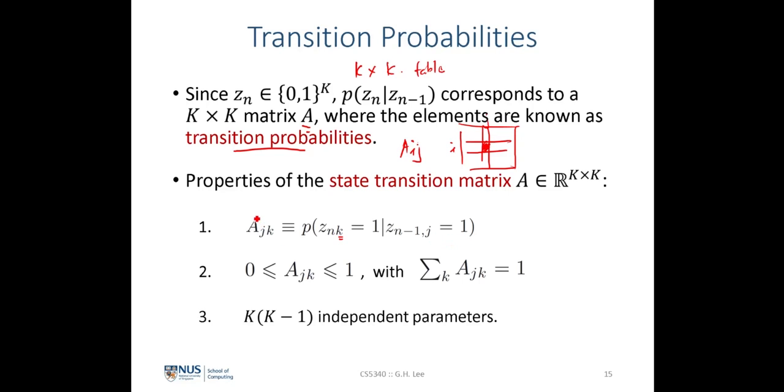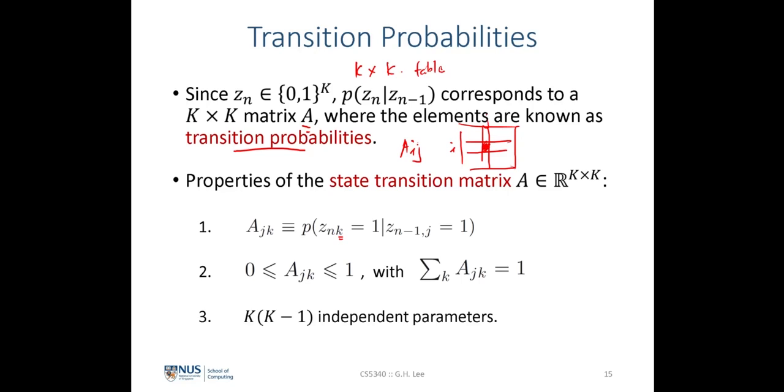So this particular entry over here is going to tell us this conditional probability: given that the previous step Zn minus 1 is assigned to the jth cluster, or the jth state, my current state is going to take k equals 1 with a probability of Ajk.